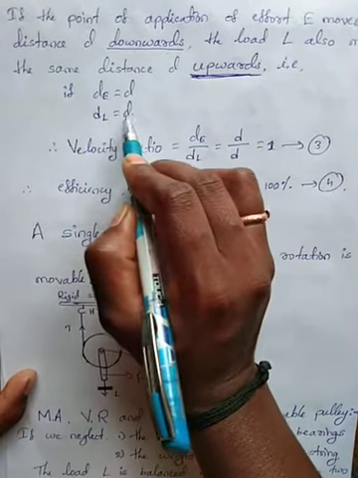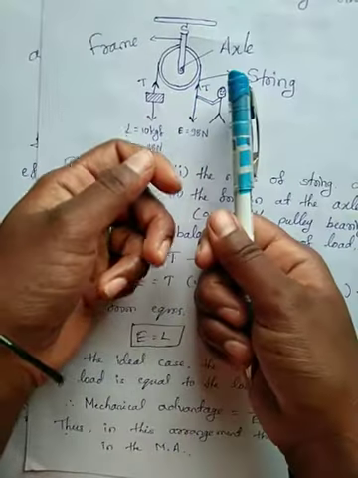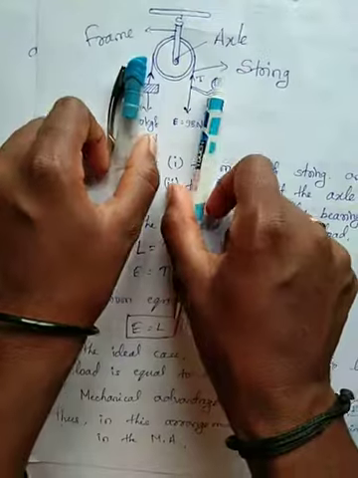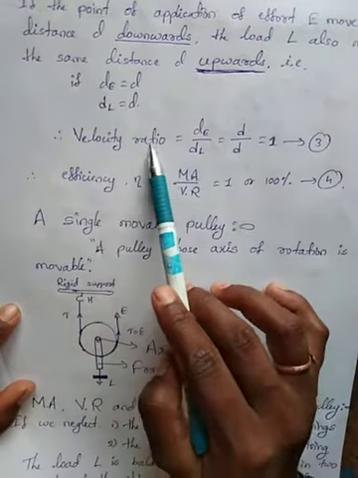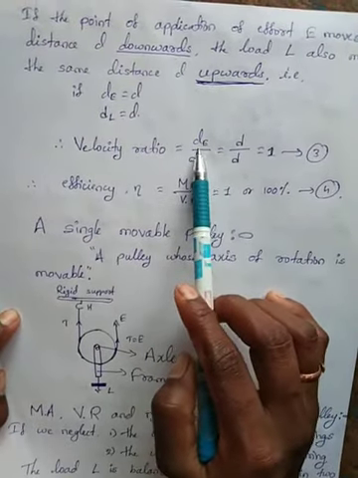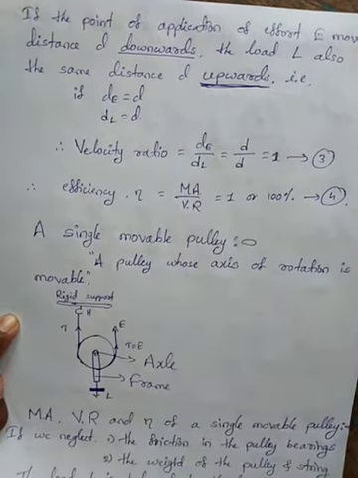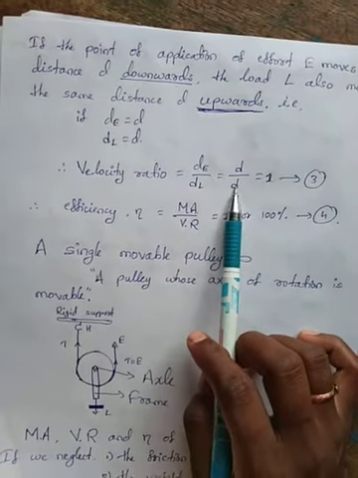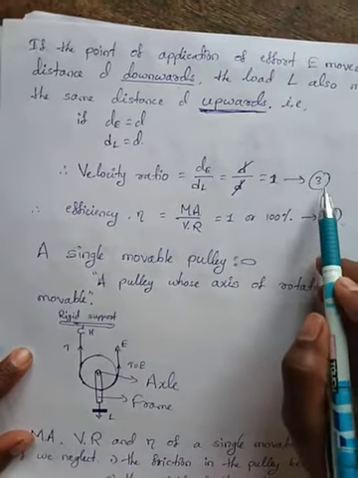Then we get 1. So this is equation number 4.